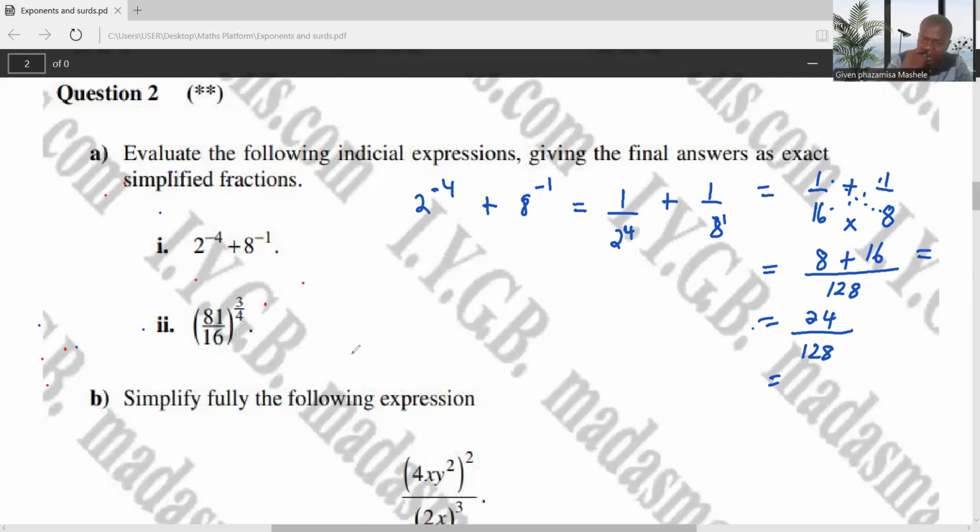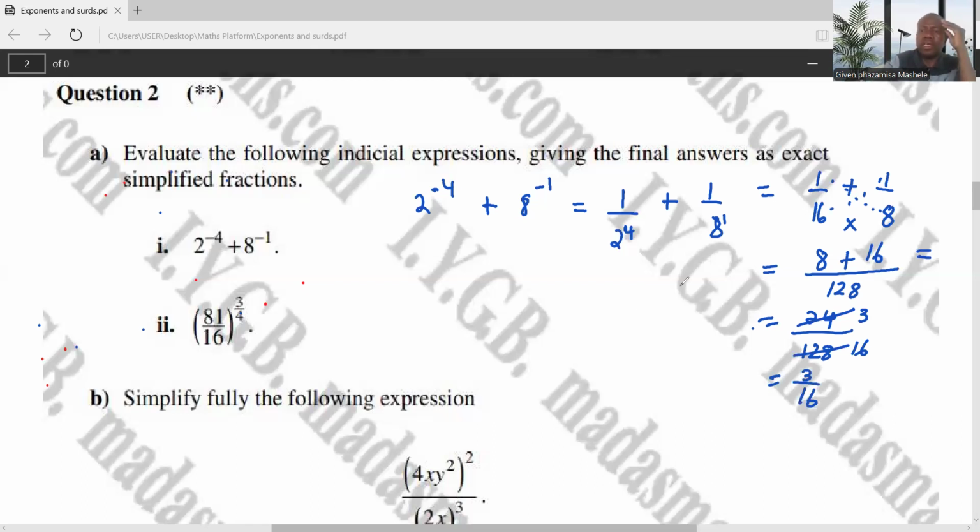Yes, that number would be 8, because 24 divided by 8 is 3. So it means 8 goes into 24 3 times, and into 128 it goes 16 times, so the answer becomes 3 over 16.